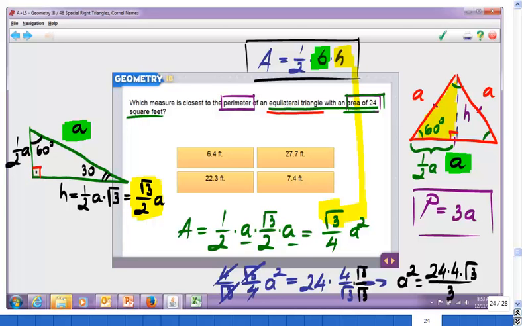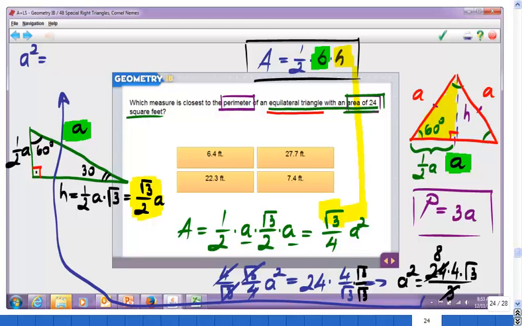And as you guys notice, I did it this way because 3 goes in 24 how many times? 8 times, right? And now your A squared is actually 8 times 4, which is 32 times square root 3.